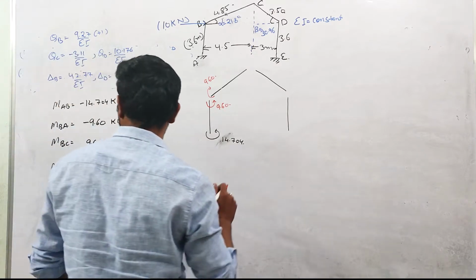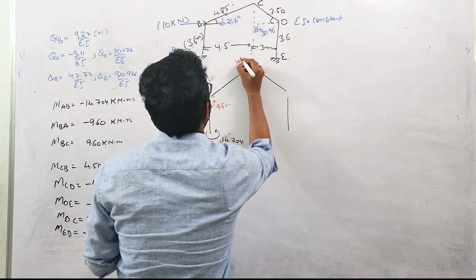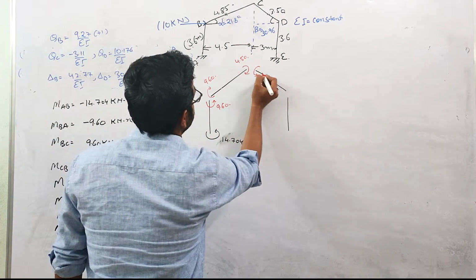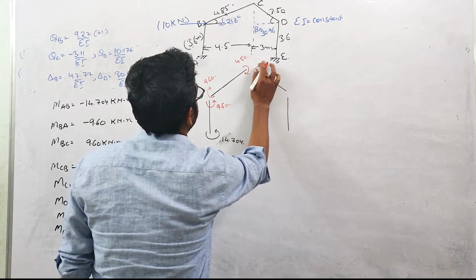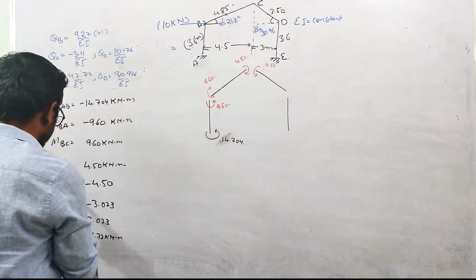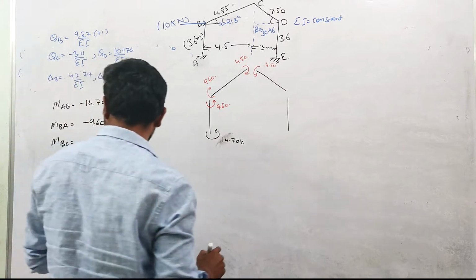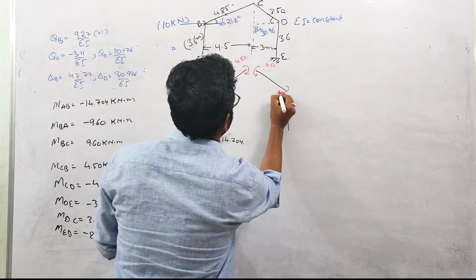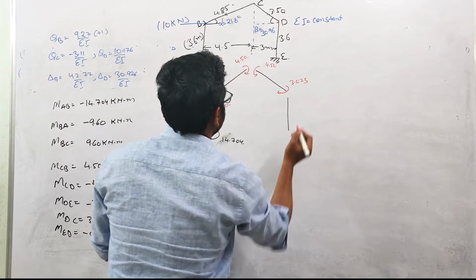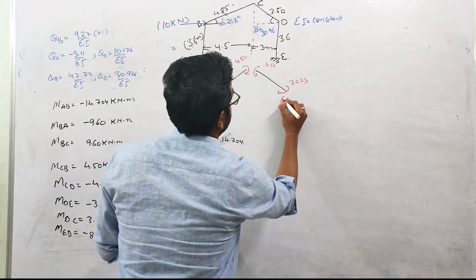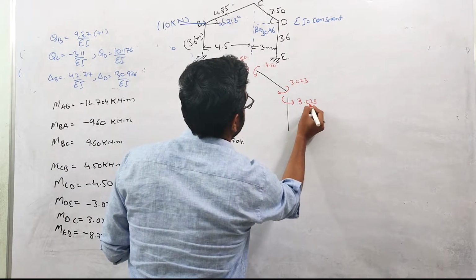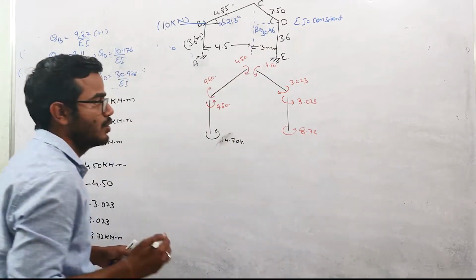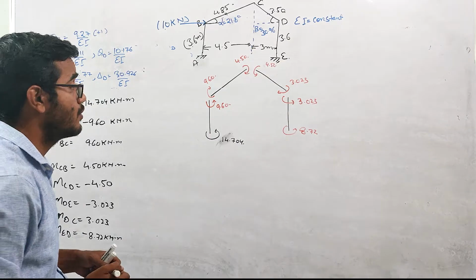MCB is clockwise, so this is 4.50, right? MCD is anti-clockwise, so this is minus 4.50, anti-clockwise. MDC is 3.023, and this is minus 3.023, and this is again minus 8.72. The minus sign is basically showing whether it is anti-clockwise or clockwise, right?